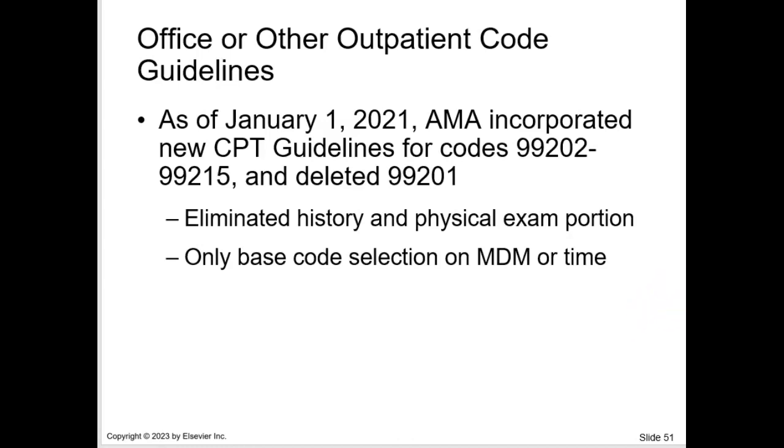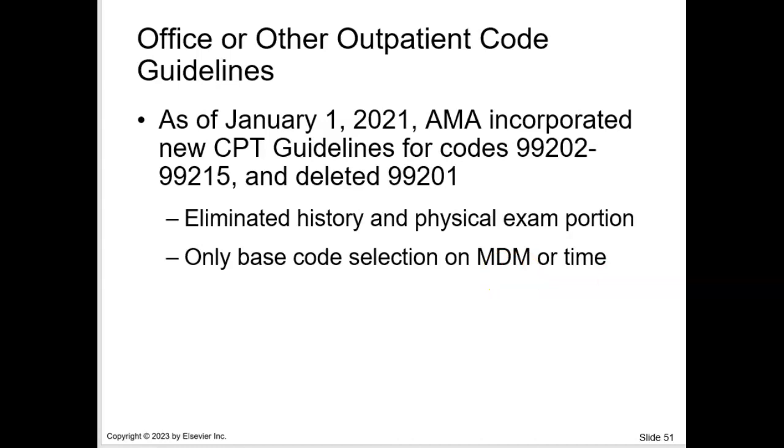One nice thing, they eliminated the history and physical exam portion and now only base the selection on medical decision making or time. As I stated before, you will be given the time for this semester and you will be given the medical decision making. In the fall, you will have to figure out the medical decision making.